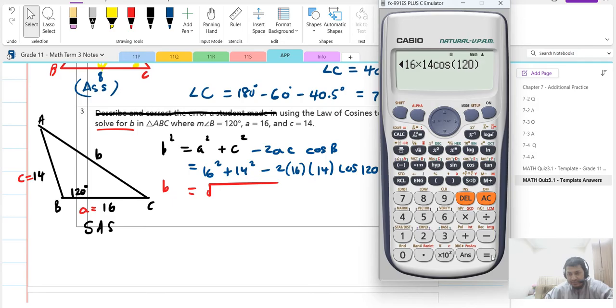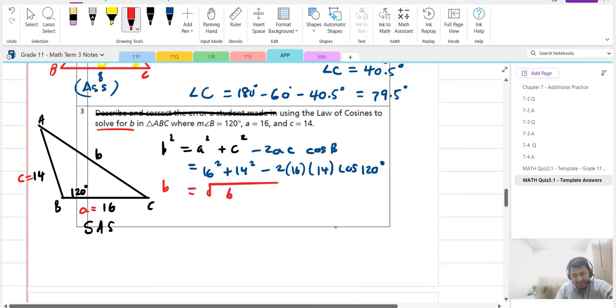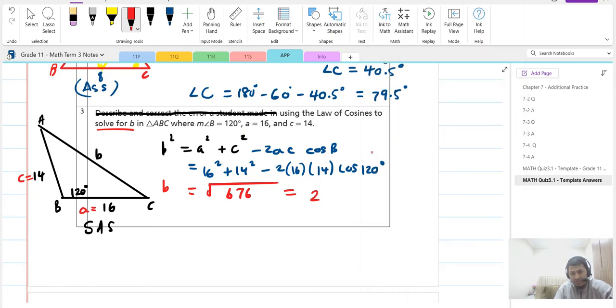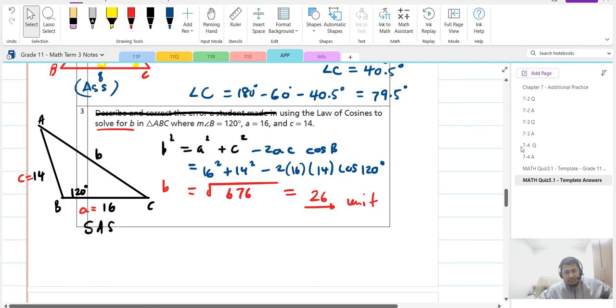We have an answer which is 676 exact, and now we take the square root of 676, and we get 26. So the value of B is 26 units, right? I hope you're understanding, guys.